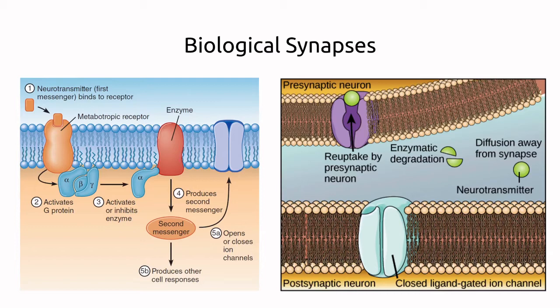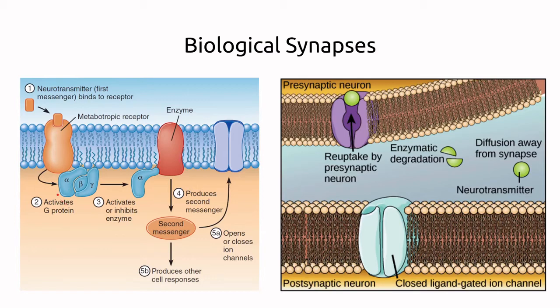An alternative setup is what's called a metabotropic receptor. In this case, the neurotransmitter binds with the receptor on the postsynaptic neuron, but this isn't directly connected to an ion channel. Instead, binding to the receptor causes a cascade of activity in the neuron that causes the release of what are called G proteins.